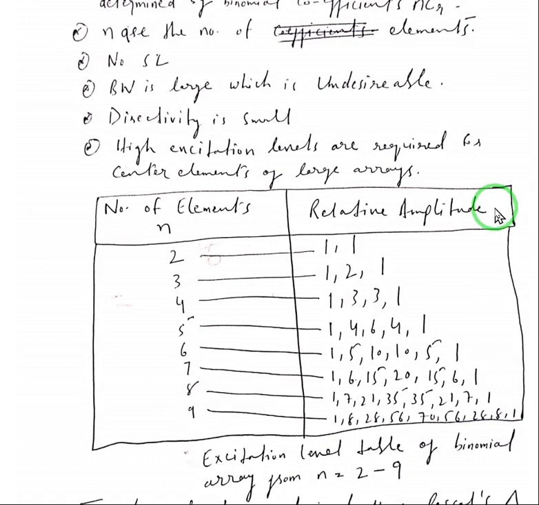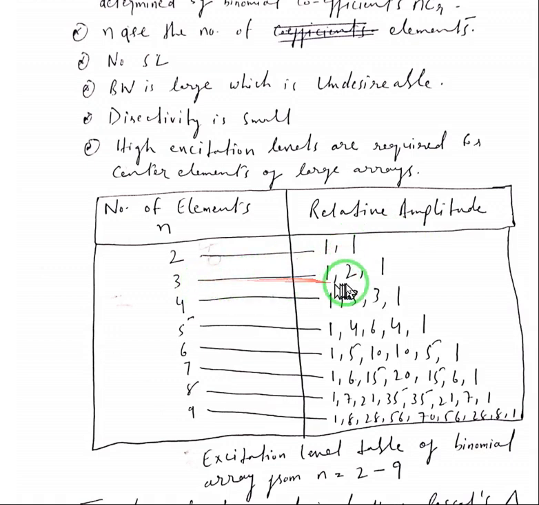Following is the figure which provides the excitation levels according to the number of elements. If we have a two-element binomial array, the amplitudes will be 1, 1.